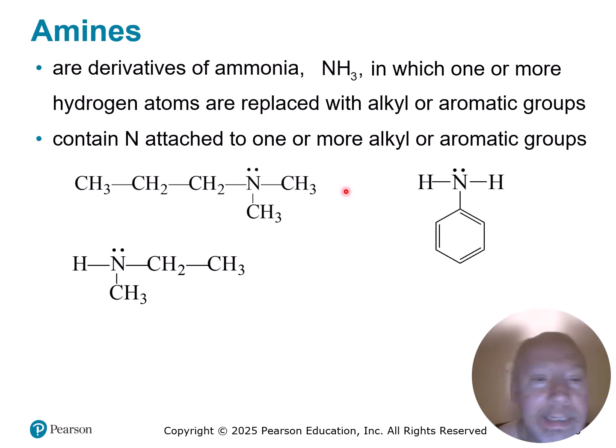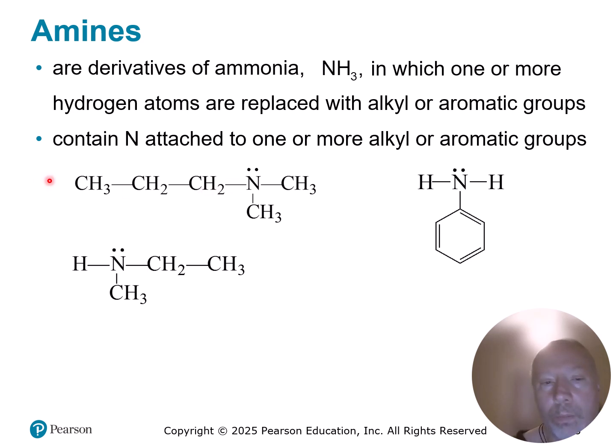Moving on, we can look at derivatives of ammonia as a way to first define what an amine is. We start with ammonia, and everyone knows that ammonia is NH3 by now. It's a weak base, it accepts a proton. And so we can do other things to ammonia, and we can put different groups where the hydrogens are.